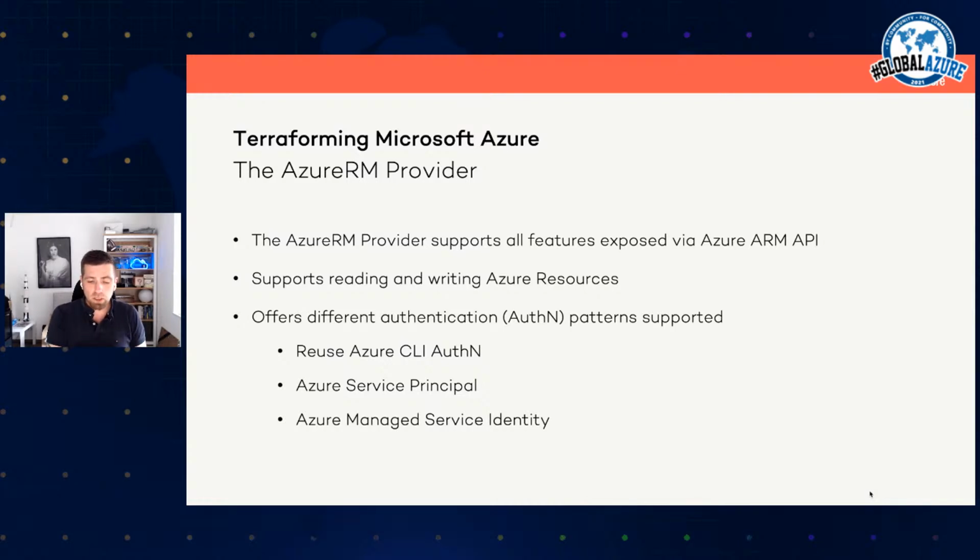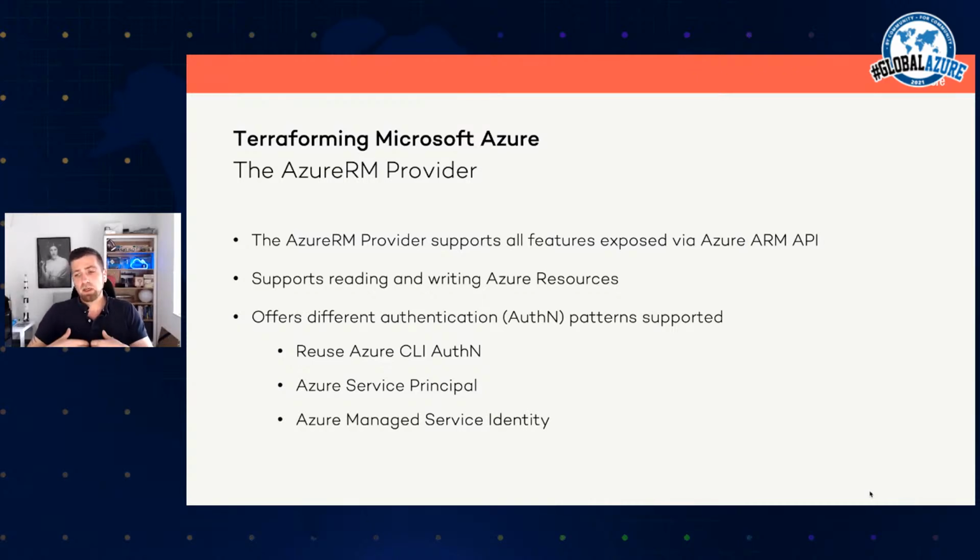That's the provider that Terraform uses to interact, to call into Azure's ARM API. And it also gives you an understanding of what's possible with Terraform. In Terraform, you can use all capabilities that are exposed via Azure ARM API, not more and nothing less, right?